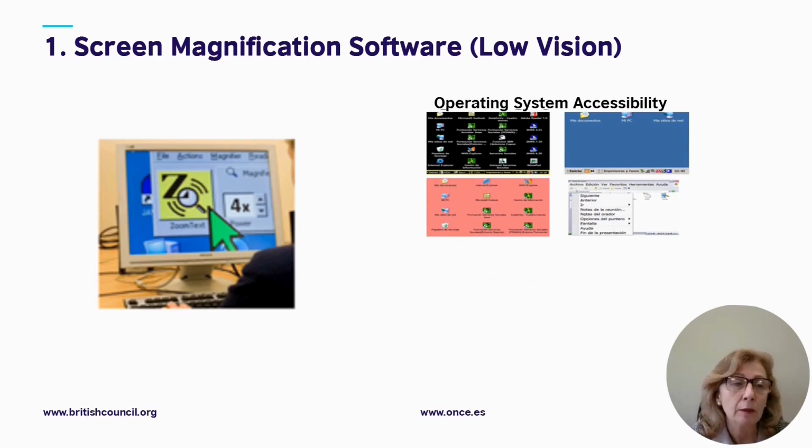All the operating systems, even if you work on a tablet or whatever, have their own accessibility tools. So with them, they have lots of possibilities, and they may change the contrast, the size of letters, and everything. The problem is that some PowerPoints or websites are not seen properly with the colors and sizes they use.